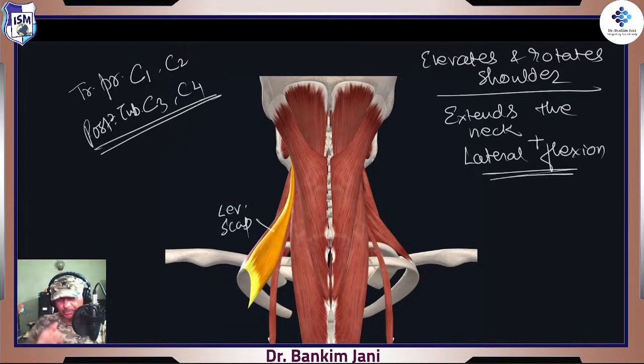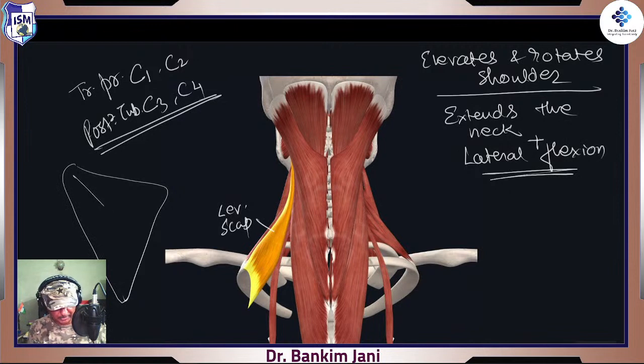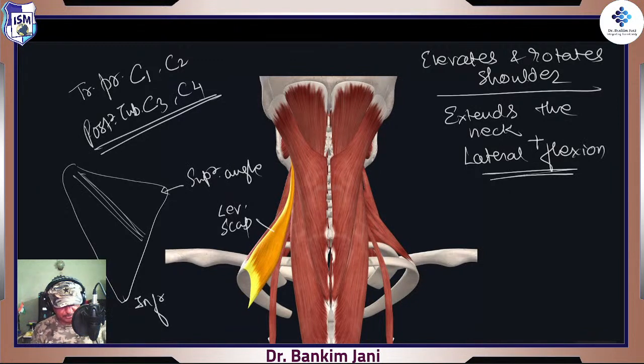And then it goes towards the scapula. Now in the scapula, if we draw it very crudely, it was something like this. This was the spine, right? So this was the superior angle. This was the inferior angle. And that's where the joint was formed, that is the lateral angle.